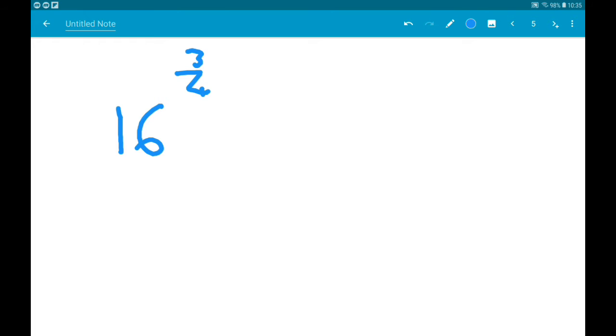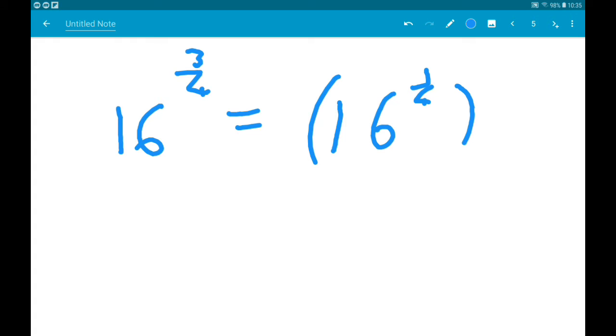So we're going to say this is 16 to the 1/4 to the power 3. So 16 to the quarter is asking for the 4th root of 16, so that's 2, because 2 times 2 times 2 times 2 is 16. So we have 2 to the power 3, which is 8.